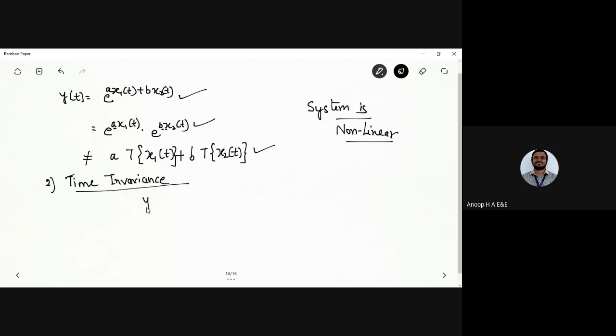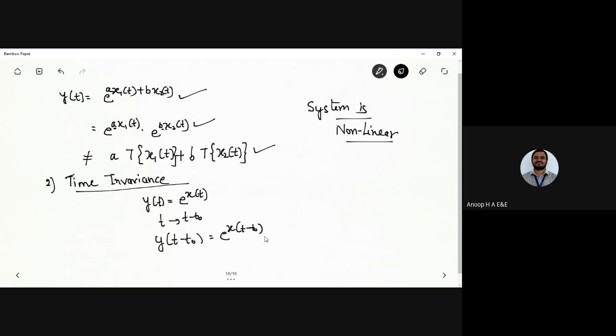Now I have y of t equal to e power x of t. I'll change t to t minus t naught. I'll have y of t minus t naught, which would be e power x of t minus t naught.